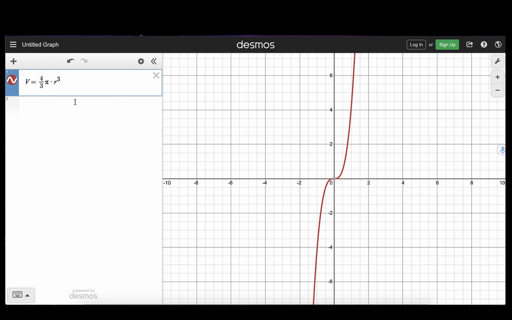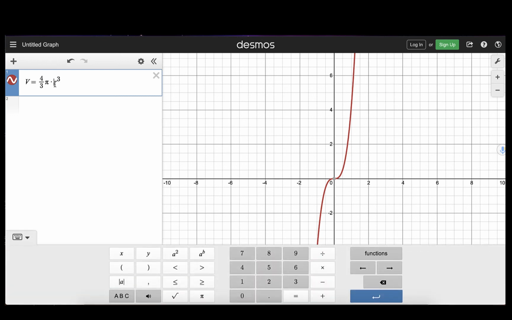In Desmos, if you type in your formula for either your cylinder, your cone, or your sphere, and then just change what you need. So in sphere D, in the last problem, I know that the radius was 6. It calculates it out for you. V is equal to 904.78. Don't worry when you type it in about the graph.